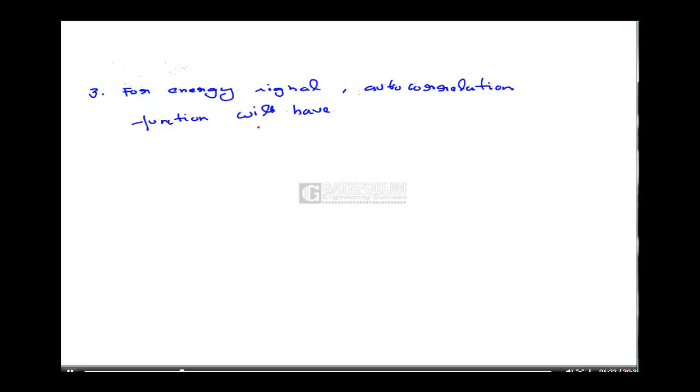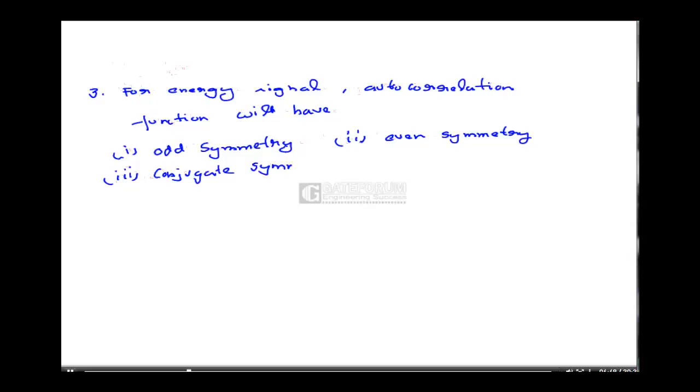In this it is asked, for any energy signal, autocorrelation function will possess which symmetry: odd symmetry, even symmetry, conjugate symmetry, or no symmetry. It is not symmetric.